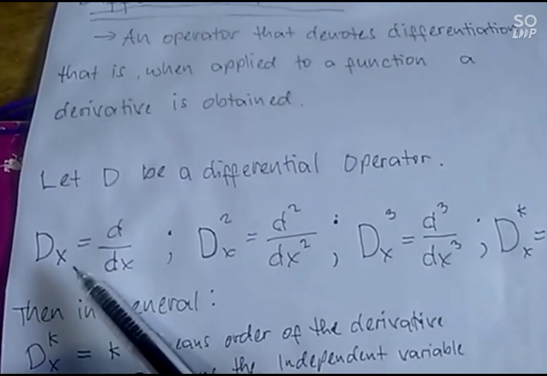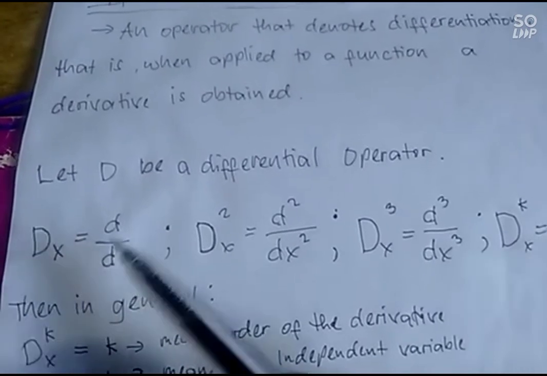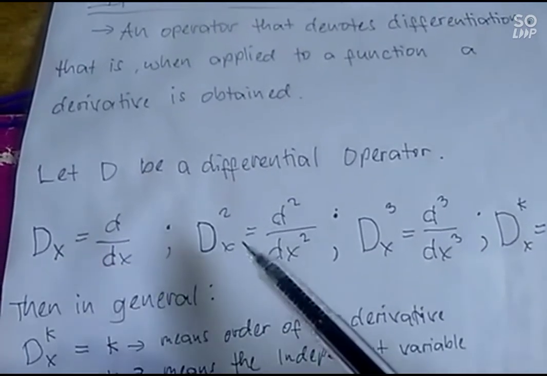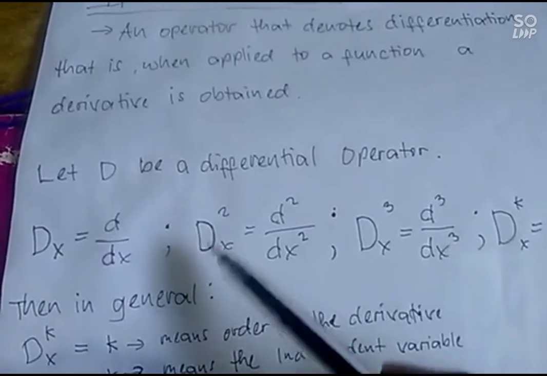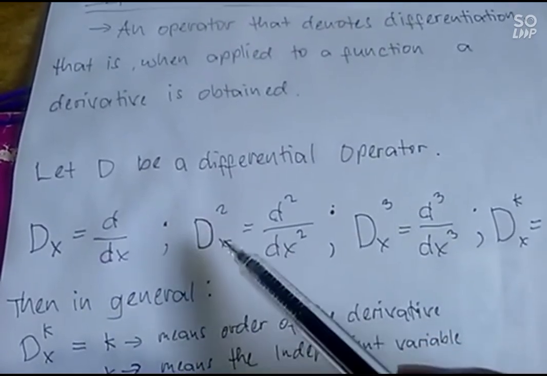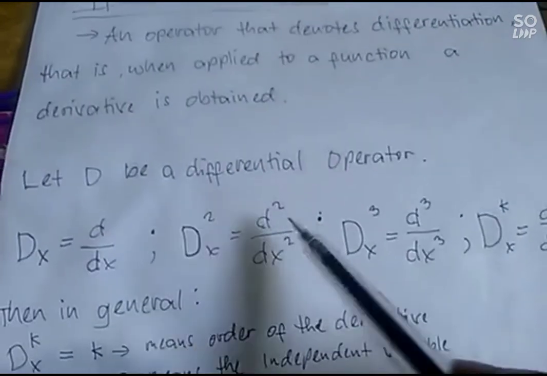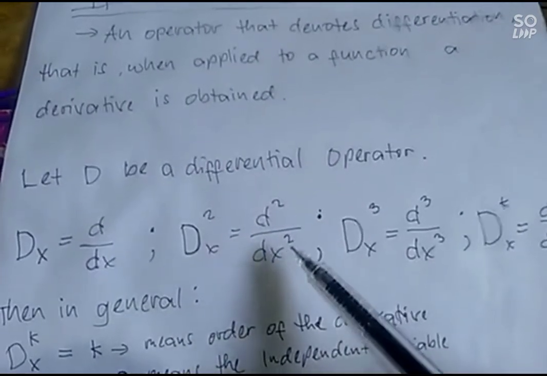D subscript x means the first derivative with respect to x. Then D with superscript 2 and subscript x means the second derivative with respect to x.